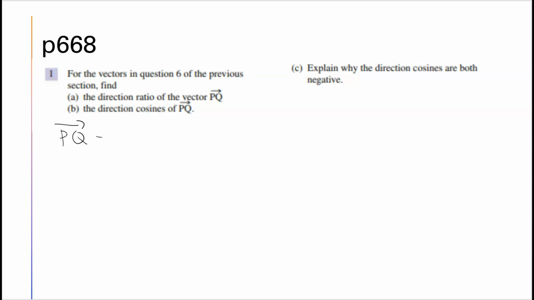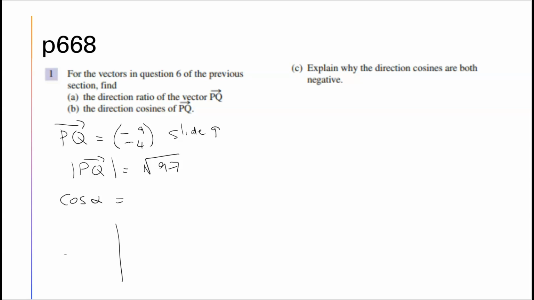PQ equals -9, -4, and that's from previous, from slide 9. So the length of it we already know, and the first directional cosine is going to be, now we need to draw that really.